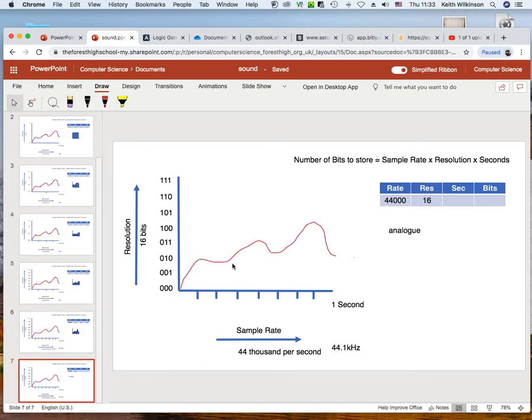And to go from an analog line like that with no gaps in it to a digital one is called analog to digital converters, and all computers have them. If you're using a microphone, the sound that you record goes to some chips called analog digital converters and converts them into binary. And there is also the reverse.